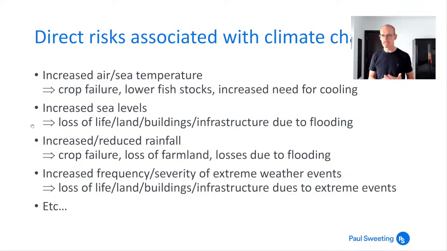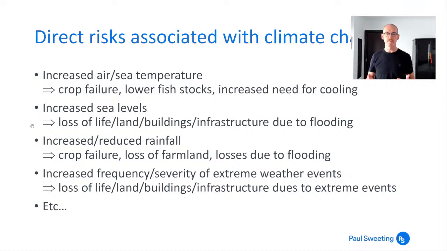One of the divisions I think that can be quite helpful is dividing the risks into direct risks and indirect risks. So the direct risks might be things like increased air and sea temperature, which could lead to crop failures, lower fish stocks, increased need for cooling in hot countries. Increased sea levels is a direct risk, which could lead to loss of life, land, buildings and infrastructure due to flooding.